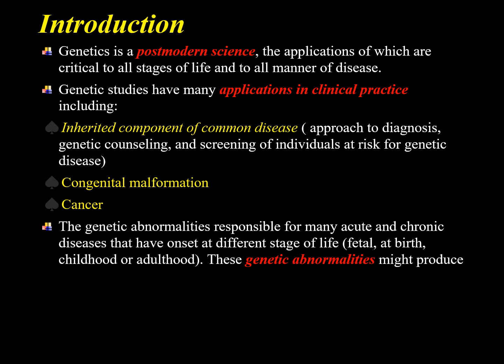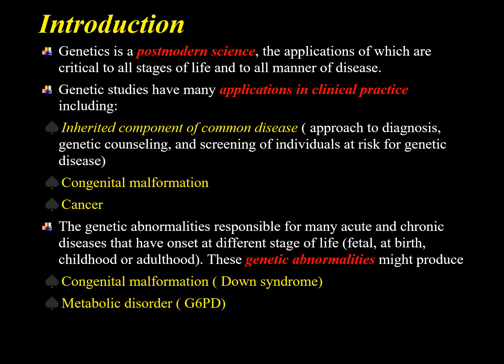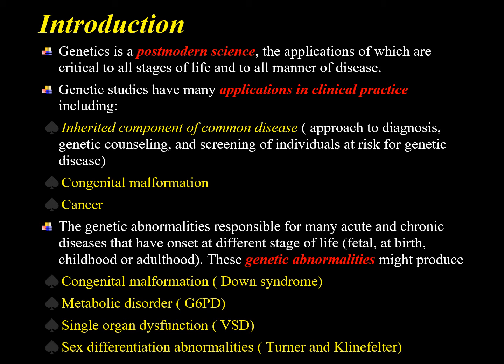These genetic abnormalities might produce congenital malformation, for example, Down syndrome; metabolic disorders like G6PD; sex differentiation abnormalities, for example, Turner syndrome and Klinefelter; and also single organ dysfunction, for example, VSD.